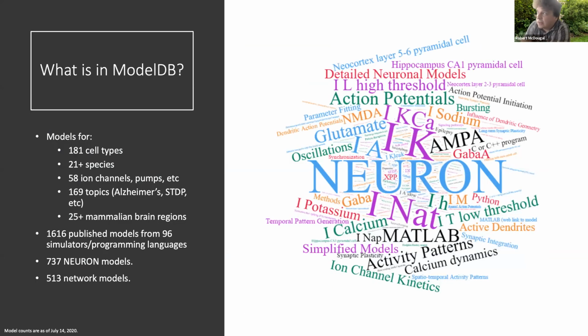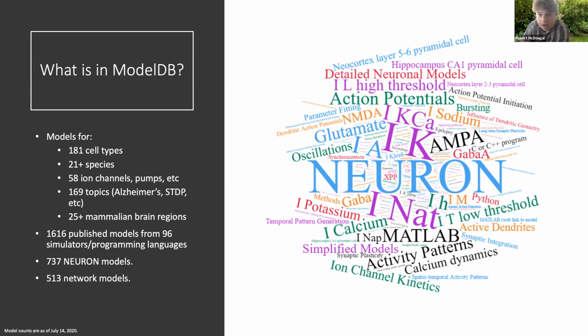So just to give you a sense as to what's in there, these numbers are from a year ago, because I didn't update the slides, so sorry. But in any case, this gives you a sense as to what's in ModelDB. 181 different cell types, from across 21 or more species. 58 different types of ion channels, pumps, and so forth, covering 169 topics.